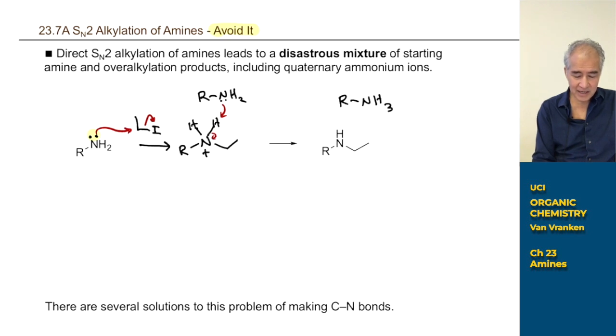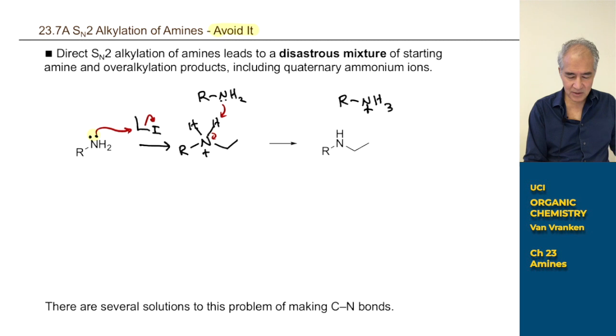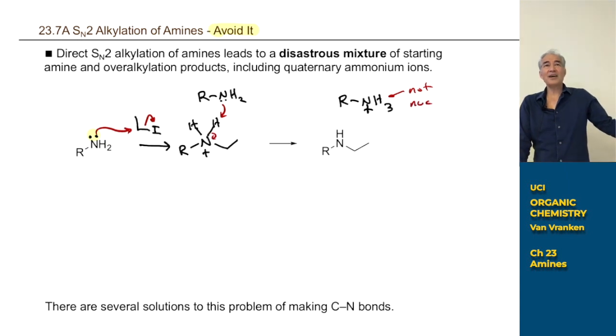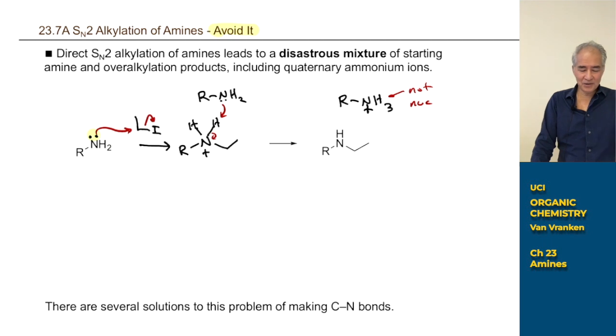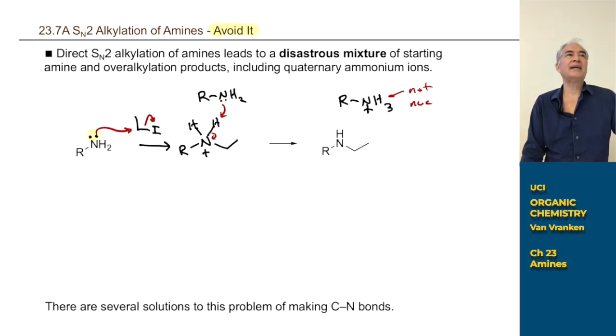First of all, you're taking away the proton from your starting amine. So this ammonium salt that you just generated is no longer nucleophilic. It's not a nucleophile. It's just stuck there. You want your starting material amine to attack things, but now it can't attack anything.